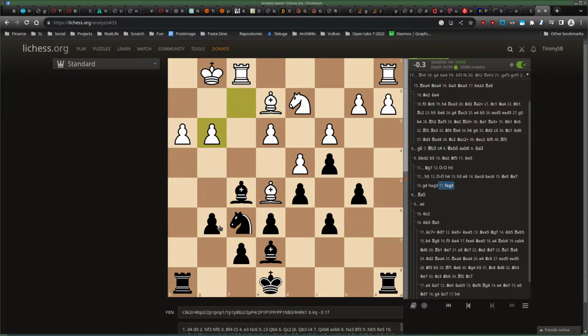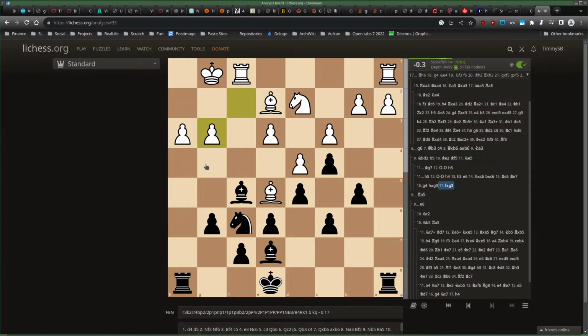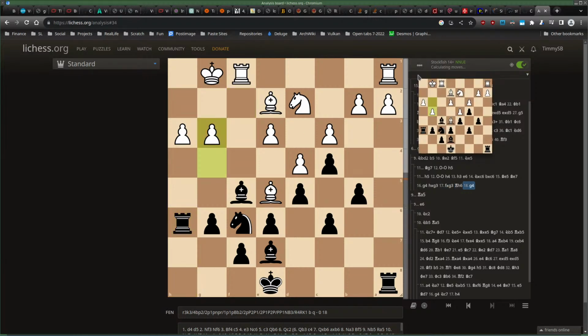No. That? No. That anyway, maybe. Oh, if you take here, it pushes the pawn. Ah, then we lose that one. But then why is h6 good? If he pushes the pawn. He does push the pawn, and then we play knight over there.